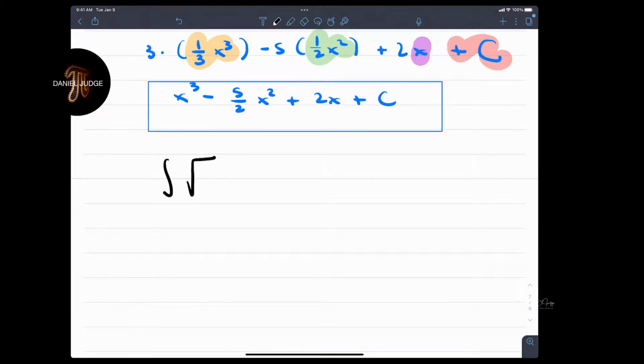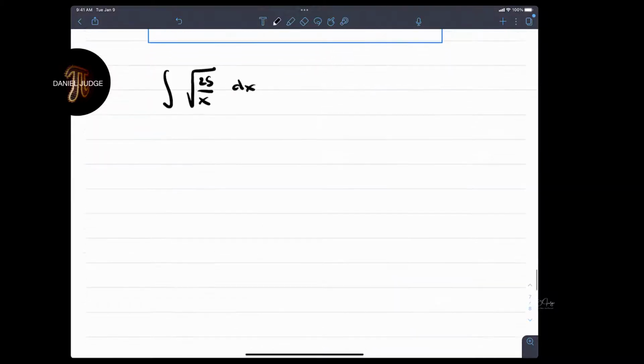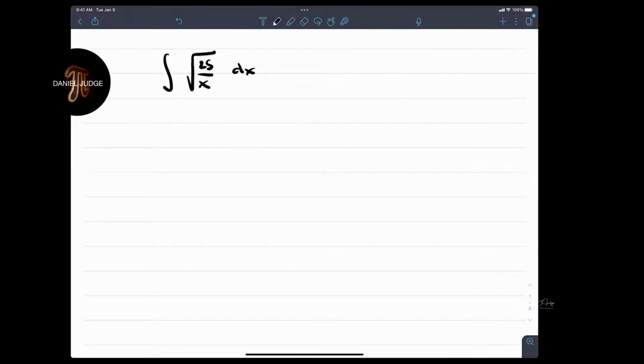Integral of the square root of 25x cubed over x, dx. Okay.